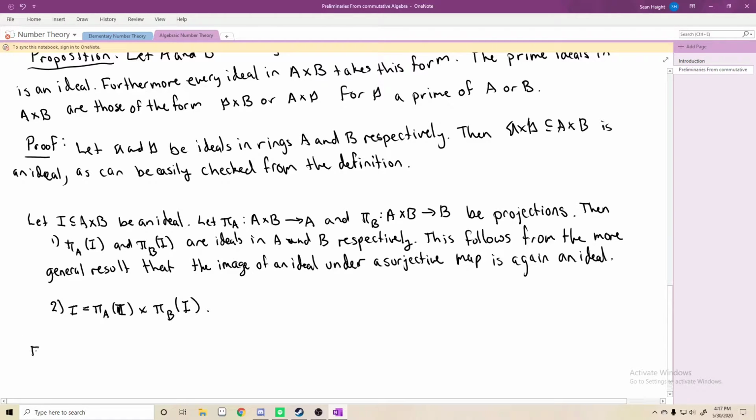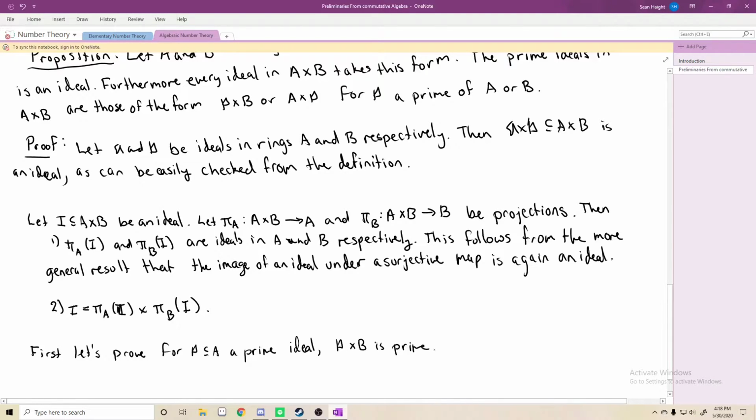First, let's prove, for P a prime ideal subset of A, that P cross B is prime.